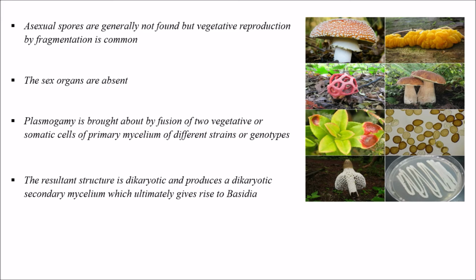The resultant structure is dikaryotic and produces a dikaryotic secondary mycelium, which ultimately gives rise to Basidia. Karyogamy and meiosis take place in the basidium, producing 4 basidiospores.